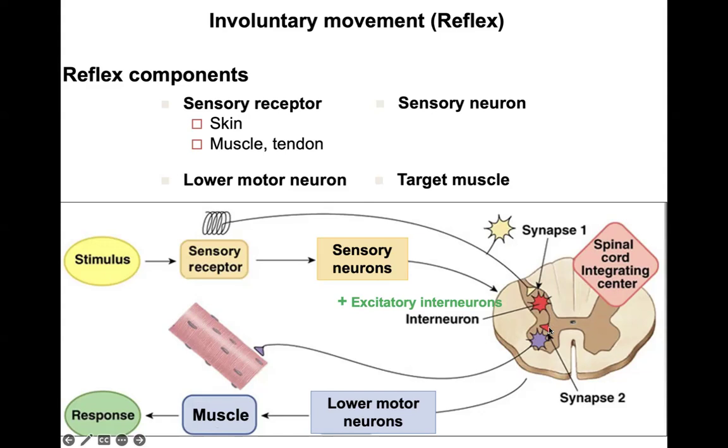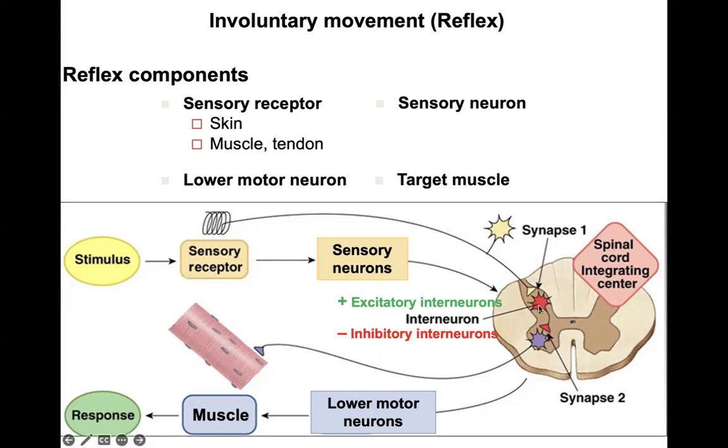Another thing to keep in mind: the interneuron can be an excitatory interneuron. That means if this neuron is excited, it's going to release the neurotransmitter that excites another neuron, in this case the motor neuron. But you can also have inhibitory interneurons as well.